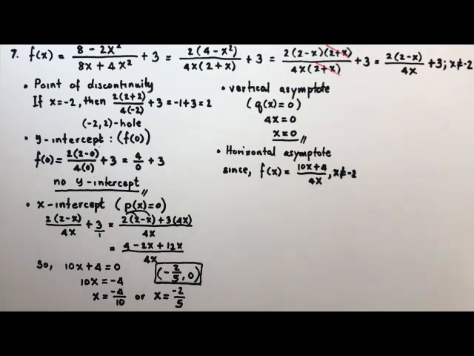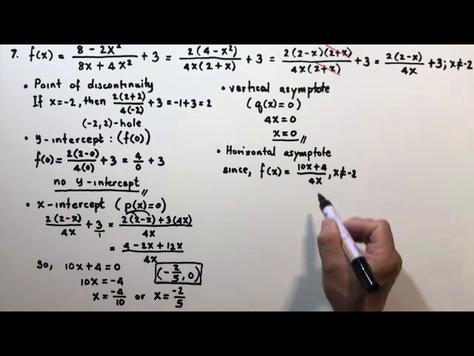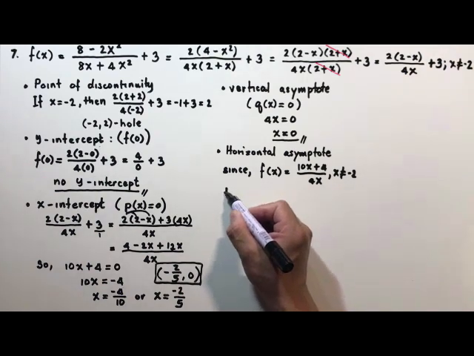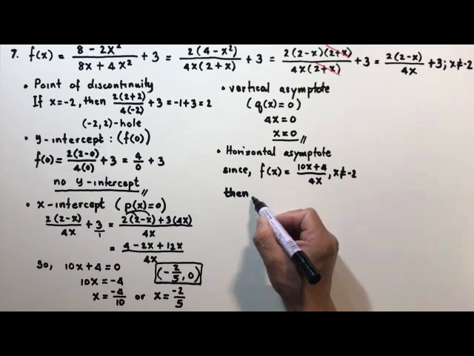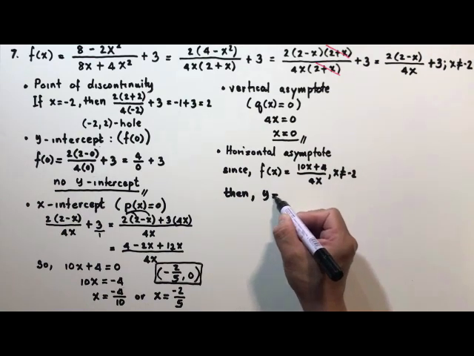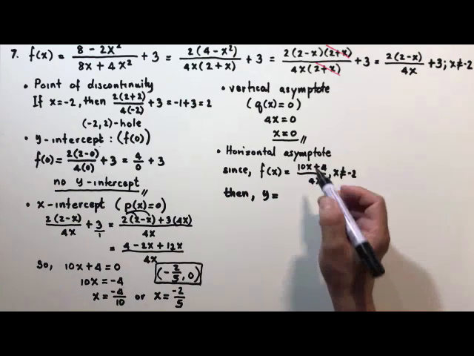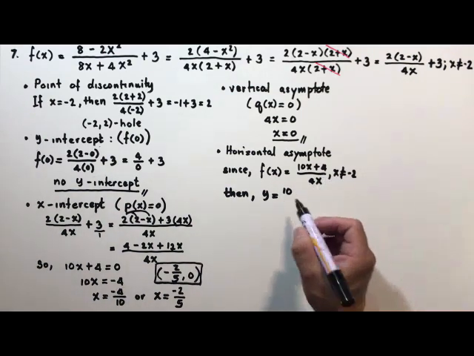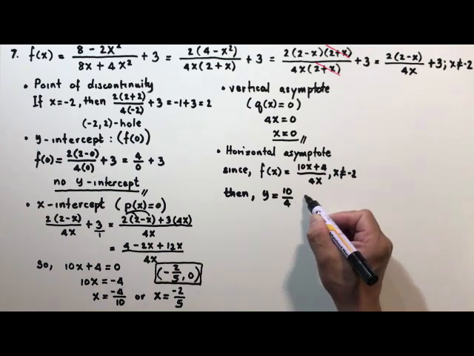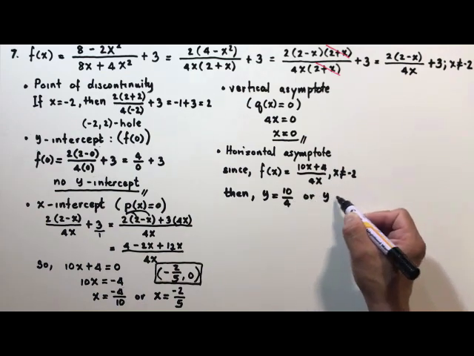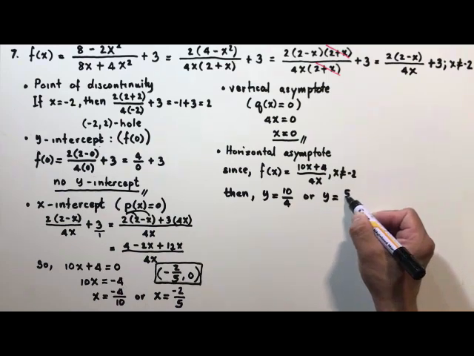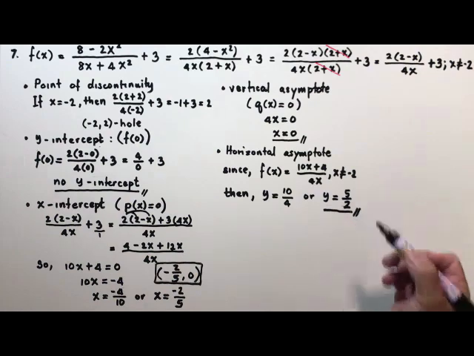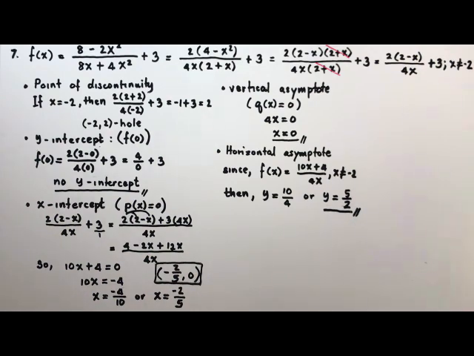So the degrees are the same. And since the degrees of the numerator and the denominator are equal, then we can find our horizontal asymptote by taking the coefficient of the leading term, which is 10, and also the coefficient of the leading term, which is 4. So actually, if you reduce, that is y is equal to 5 halves. And this is also our horizontal asymptote for the function given.